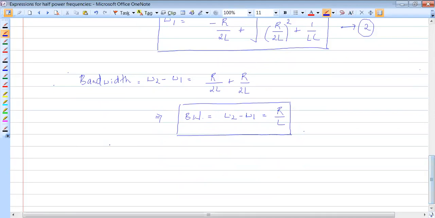This further implies that the bandwidth f2 minus f1 would be R by 2 pi L.